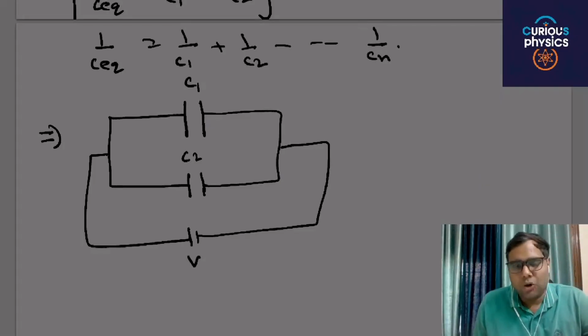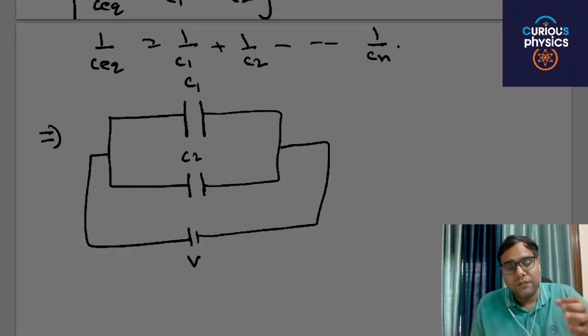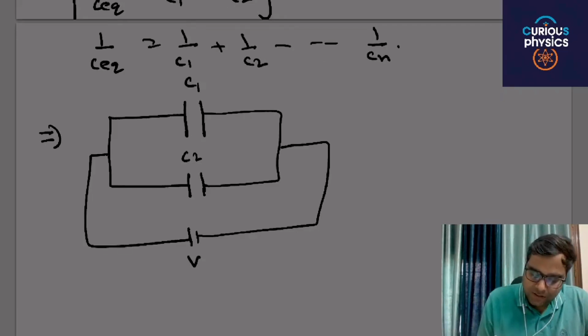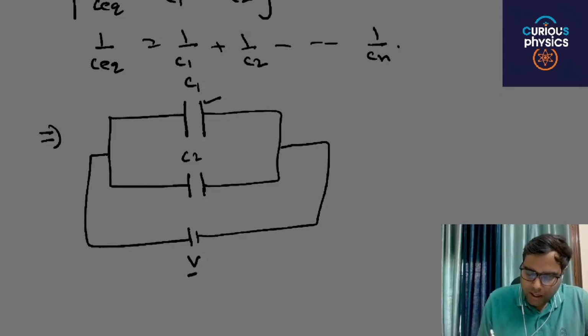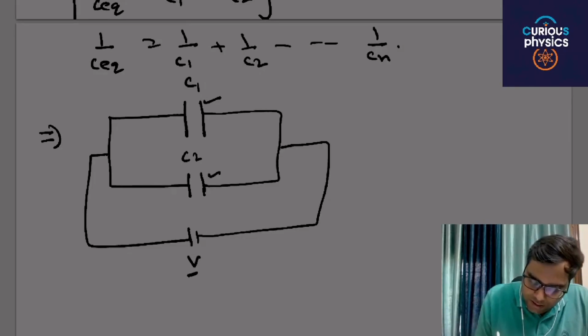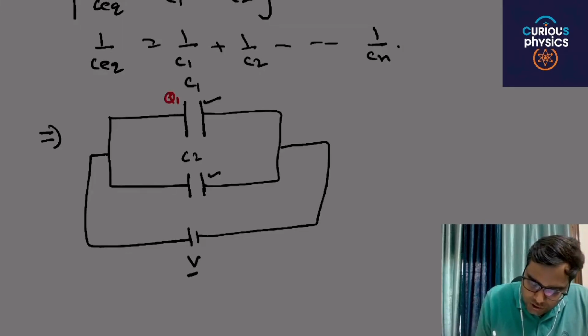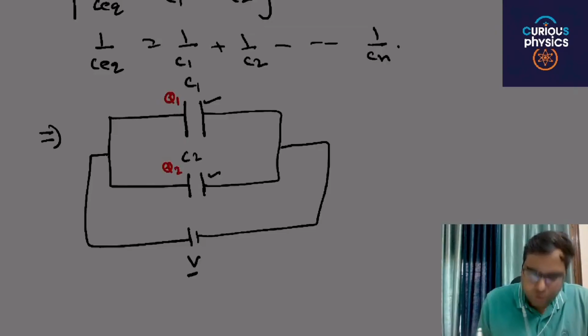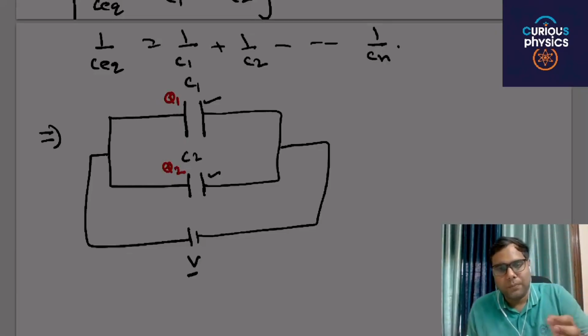So in parallel combination, the potential will remain the same, because C1 is connected to V and C2 is also connected to V. So here we can write that C1 has Q1 charge and C2 has Q2 charge. Remember these basic points.